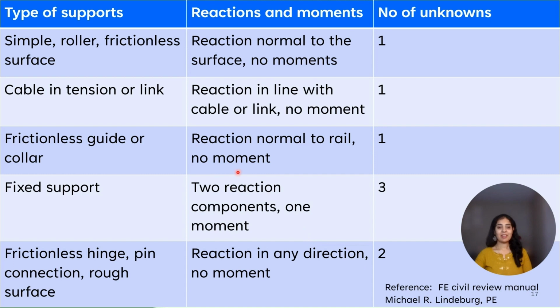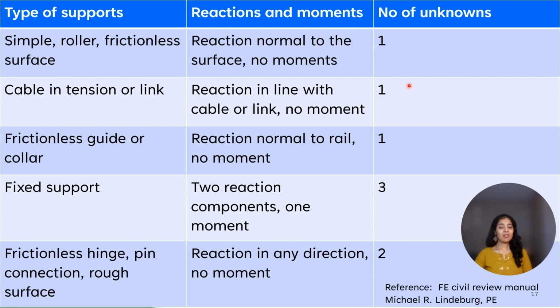For a simple roller or a frictionless surface, one reaction is there, normal to the surface, and no moment. So the number of unknowns will be only one. For a cable in tension or link, the reaction will be in line with the cable or link, and there will be no moment.